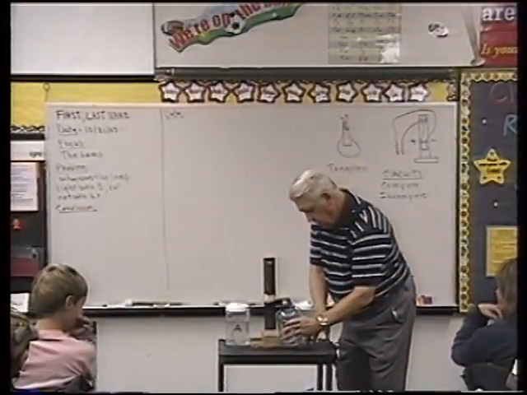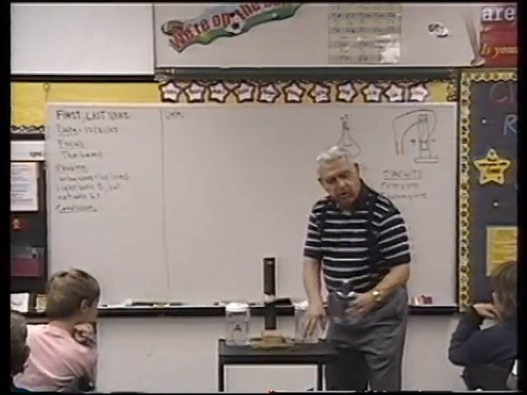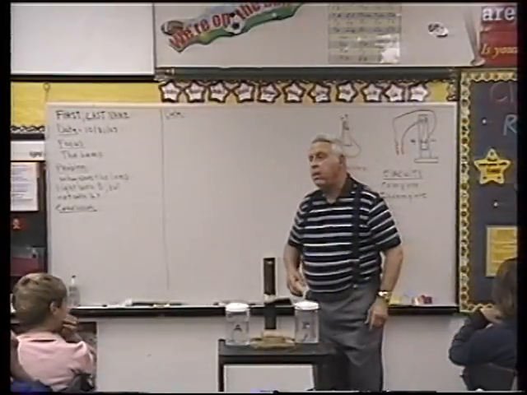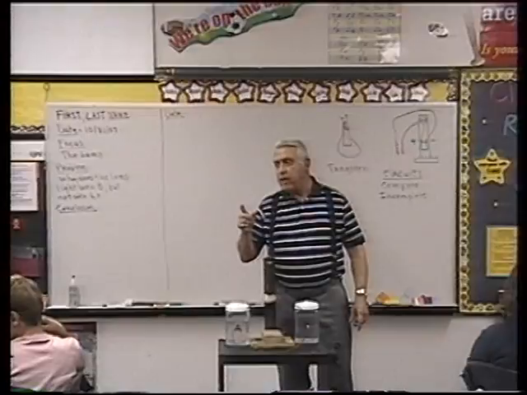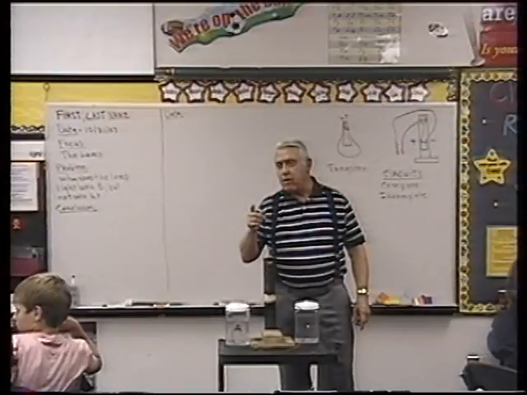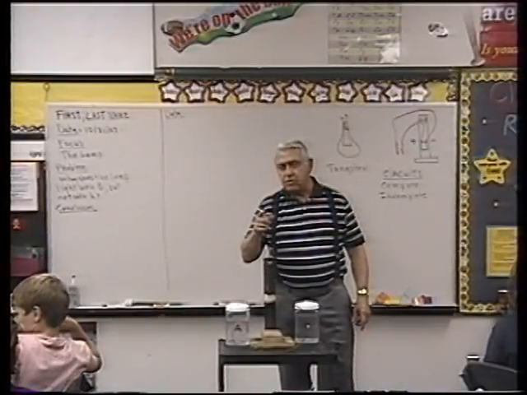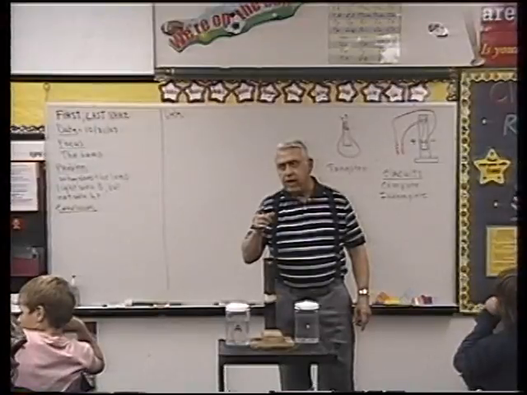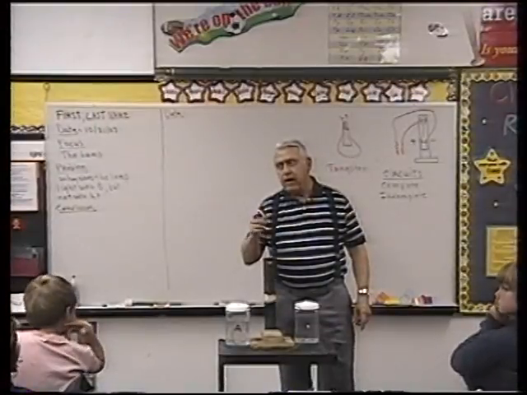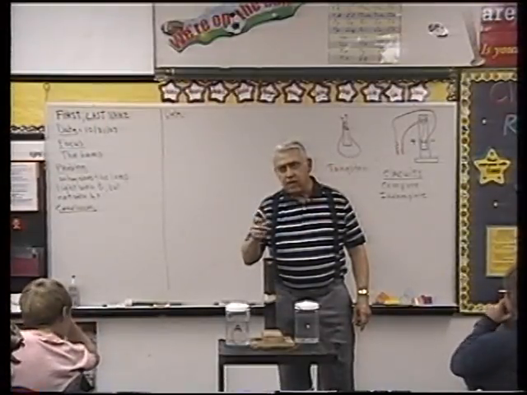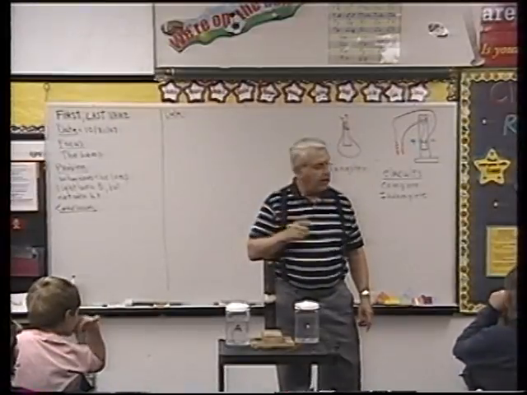Is it a conductor? No. Raise your hand if you can tell me an adjective that describes all of the things that were conductors. One word, Wyatt. Metal. And everything that was not a conductor was non-metal.